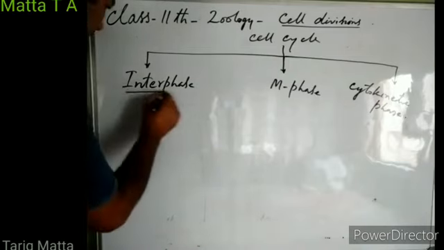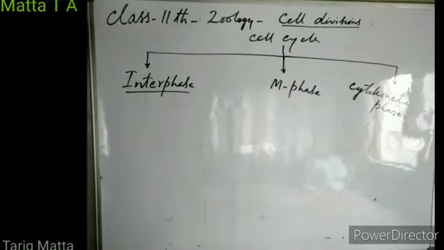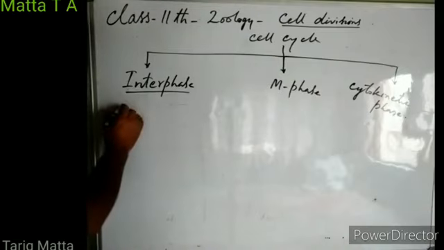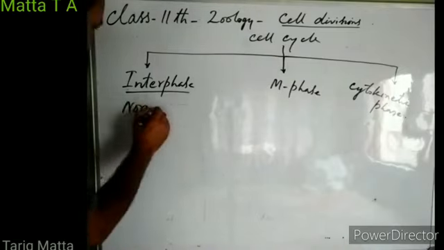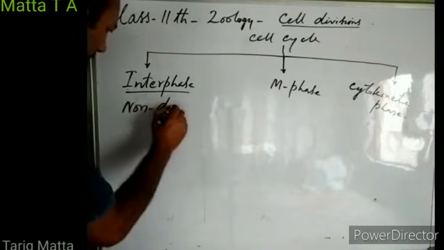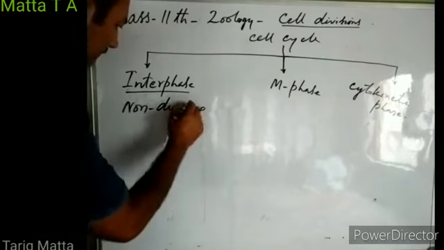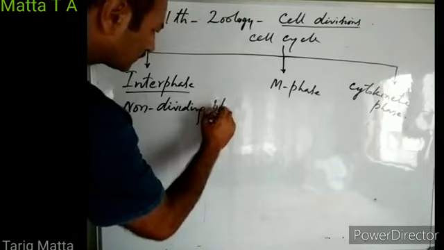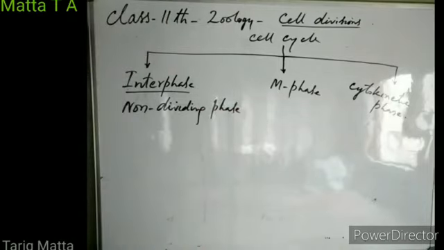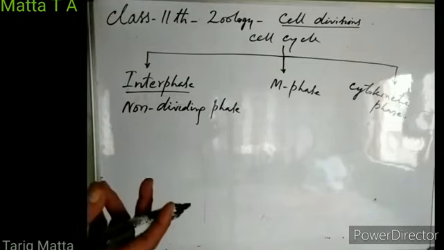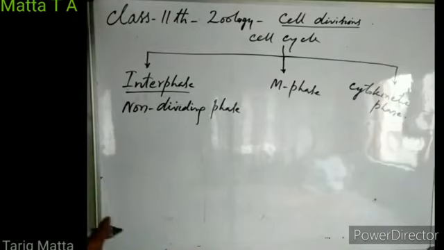Interphase is the longest phase of the cell cycle, and it is a non-dividing phase. In this phase, the cell doesn't divide. Some authors misinterpret it as a resting phase. It is not a resting phase.